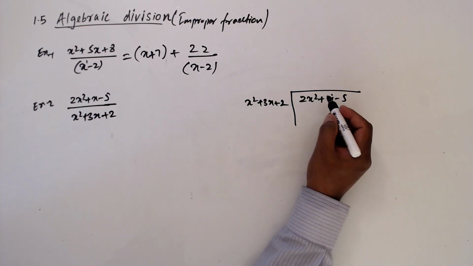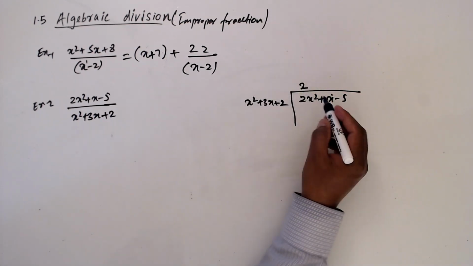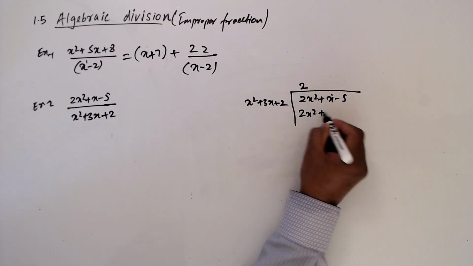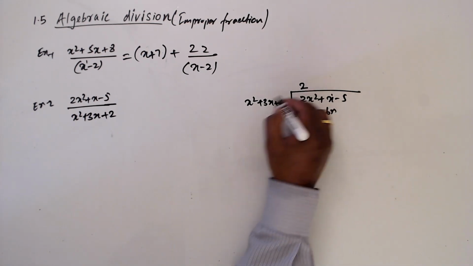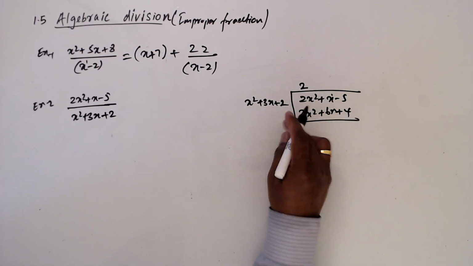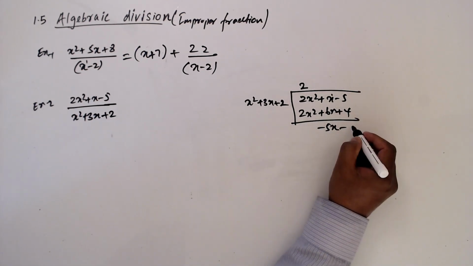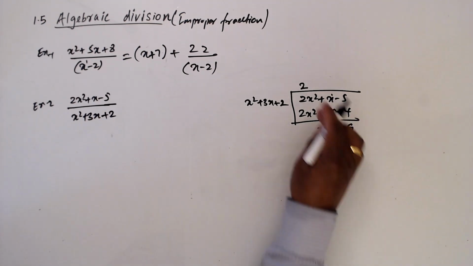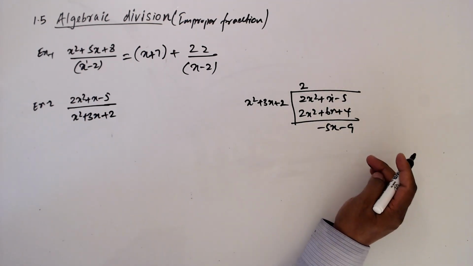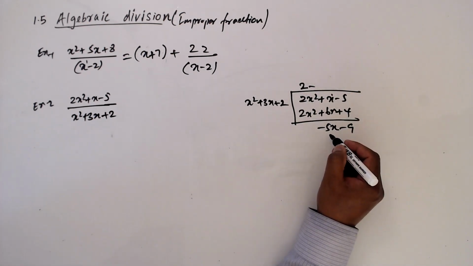Then when I put 2 here, 2 times x, 2x square plus 6x, 2 times 3, 6x, 2 times 2 plus 4. When you subtract those two, this is going to be minus 5x, this is minus 9.